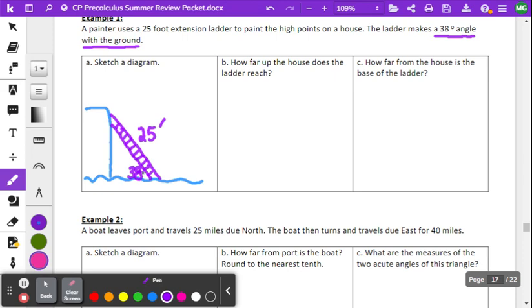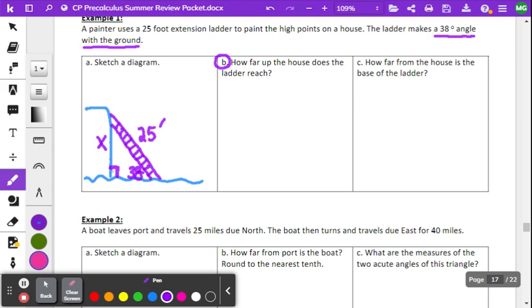What it's asking us to do for part B is to figure out how far up the house the ladder reaches. So we're looking for this side right here. Of course, we're assuming this house is perpendicular to the ground, and we have ourselves a right triangle trig problem.